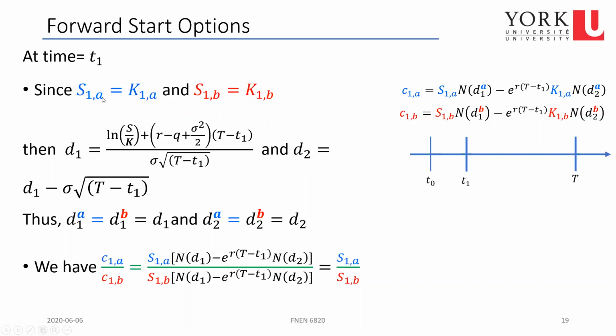Whether it's scenario A or scenario B, we always have S equal to K. So it doesn't matter which scenario, d1 is always the same d1. A different scenario will still have the same d1 if we have a forward start option, because the design is that it's an at-the-money option. Similarly, d2 for scenario A is equal to d2 for scenario B.